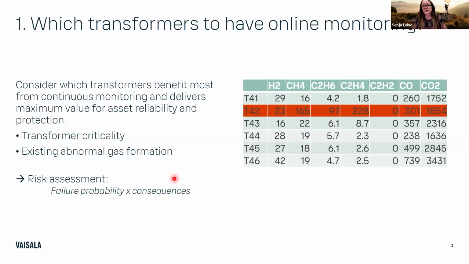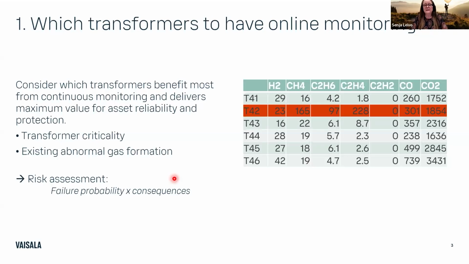But now when we look at this table, in transformer 42 we can clearly see that some of the hydrocarbons are very much higher than in the others. So this could be one potential candidate for monitoring, because it obviously has a rather abnormal gas formation compared to the others.